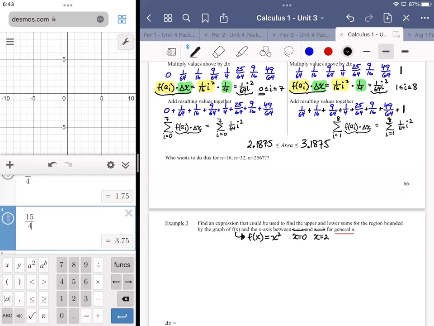For n rectangles. This is the same progression, except now I want to have any number of rectangles in existence in that interval.